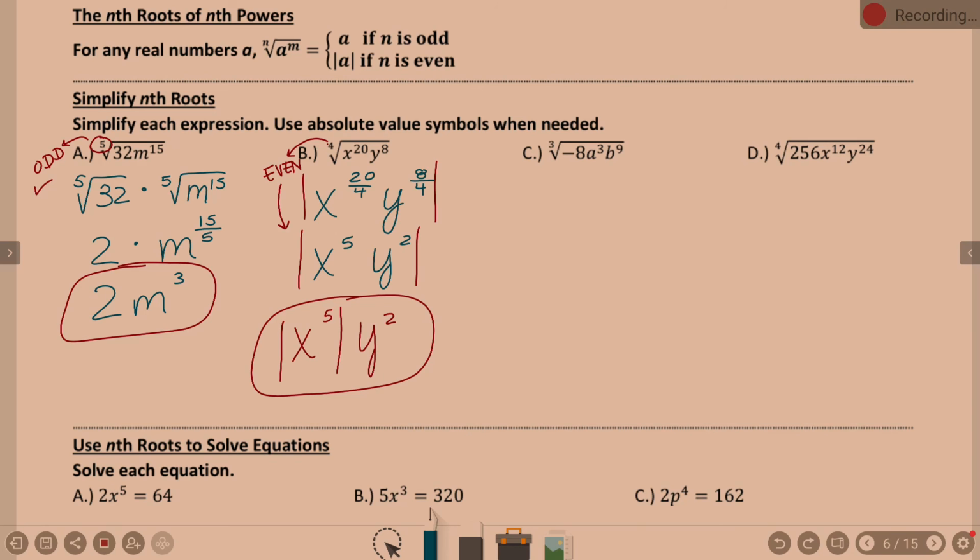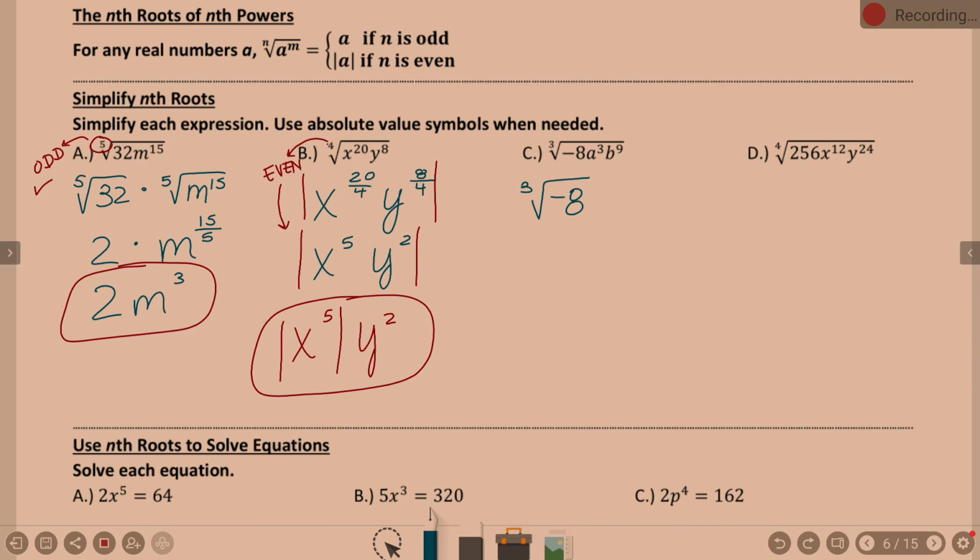Okay, let's try C. Cube root of negative 8, a to the third, b to the ninth. Well, what do you know here? Am I going to be able to do the cube root of negative 8? Can I do the cube root of negative 8?